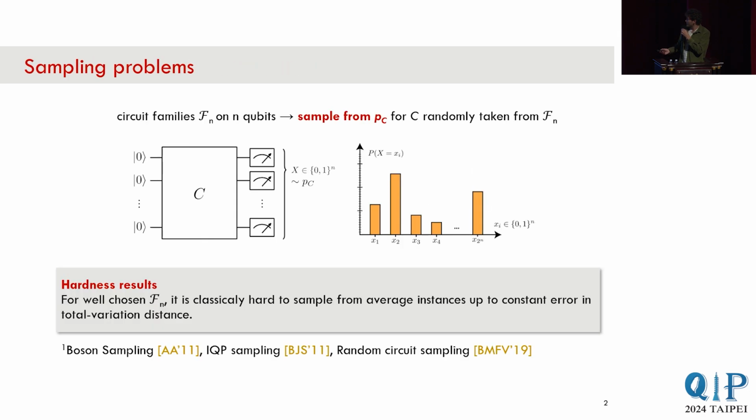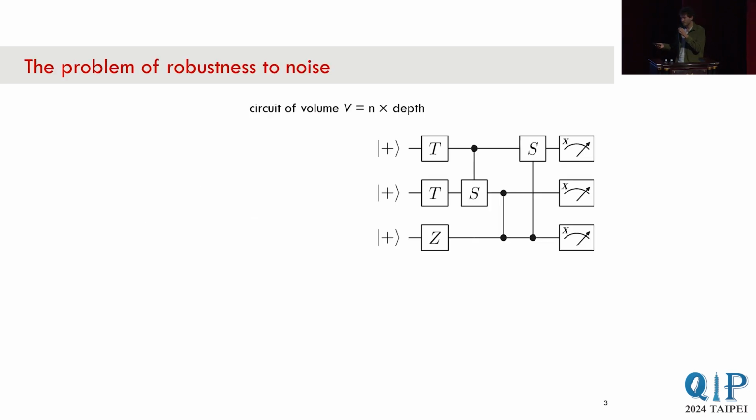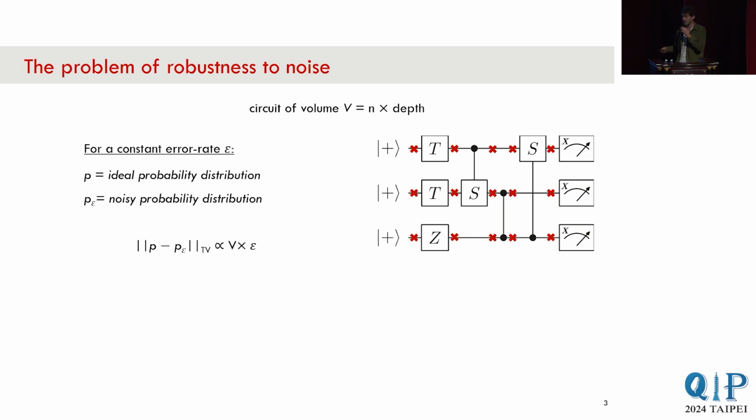Okay, so here you have some notion of approximation. You are allowed some constant error in total variation distance, but is it enough to cover some realistic error model? Well, unfortunately, the answer is no in general. If you're given a circuit of volume V, that is the number of qubits times the depth, for a realistic error model, errors are going to typically occur at every space-time location of your circuit. If you start from the ideal probability distribution P, then you can define the noisy probability distribution P_epsilon that corresponds to the measurement output at the end of the noisy circuit.